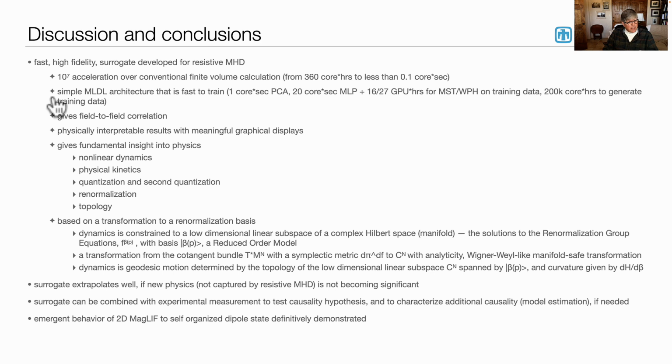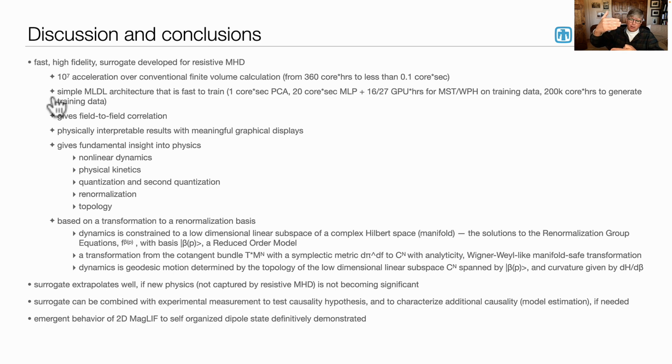And let me just take a couple moments to explain what's really happening here, or how this can be done, right? We can take experiments along and around a particular area that are well captured with our resistive MHD simulations.